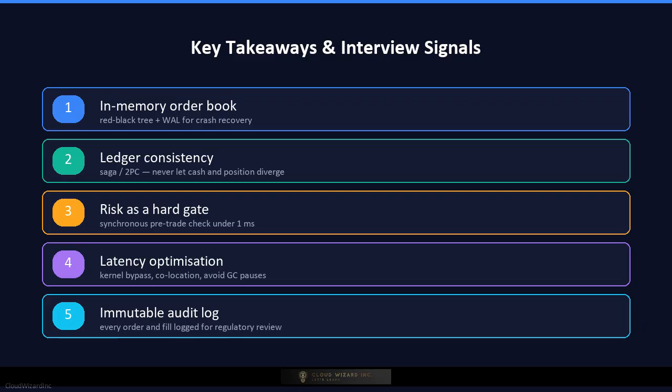Fifth, regulation and auditability are mandatory. Every order, fill, and cancellation must be logged immutably, and the system must be able to reconstruct the full order history for regulatory review. If you can articulate these 5 points clearly, you will demonstrate senior-level thinking on financial systems design.